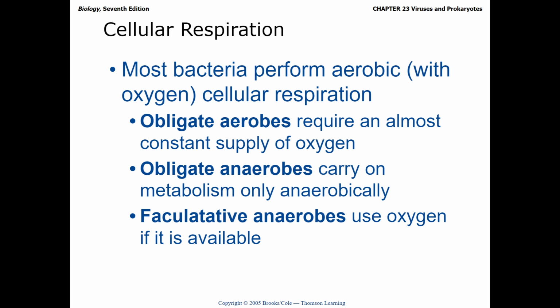Something called an obligate aerobe would require an almost constant supply of oxygen, whereas an obligate anaerobe could carry on their metabolic processes without oxygen. And then facultative anaerobes use oxygen if it is available, but they do not require it.